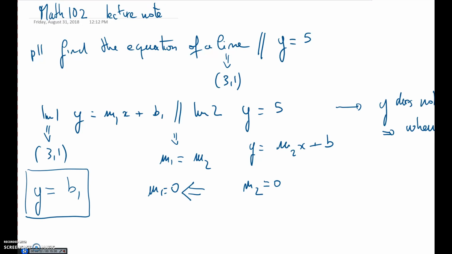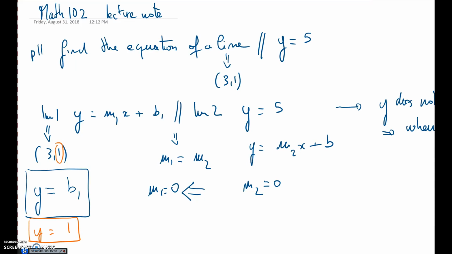And I know that the line number 1 is going through the point 3, 1. And what is the value of y regarding the point 3, 1? It's 1. So I can finally say y equal 1. And that is the equation of my line number 1.